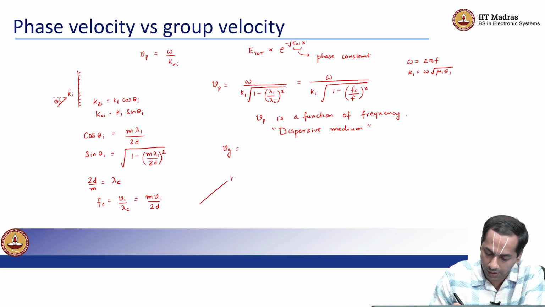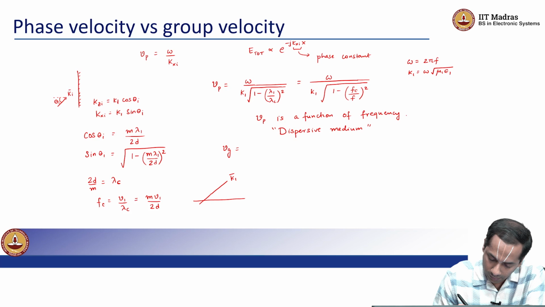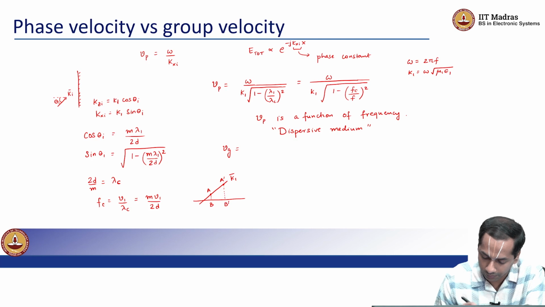Remember that this was my k direction, this was my A prime, and then I had my B prime. My angle of incidence is between these two.